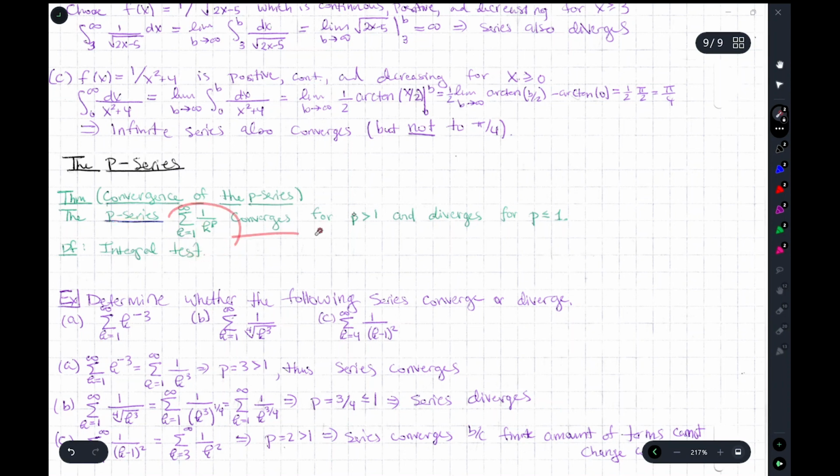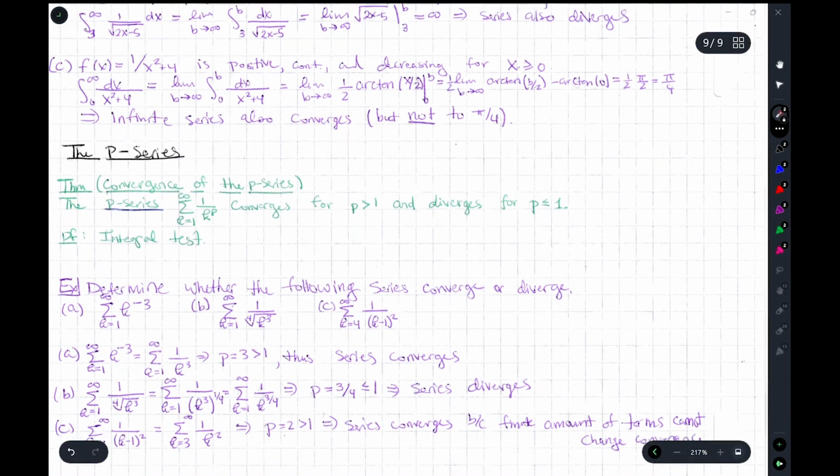This series will converge whenever p is strictly greater than 1 and diverge for p less than or equal to 1. So if p was equal to 1/2, 1 over square root k, you get divergence. But if p was 1.0001, then it will converge. And this is the case due to the integral test. If you take the integral of these terms, you'll get the exact same behavior for convergence of the improper integral.